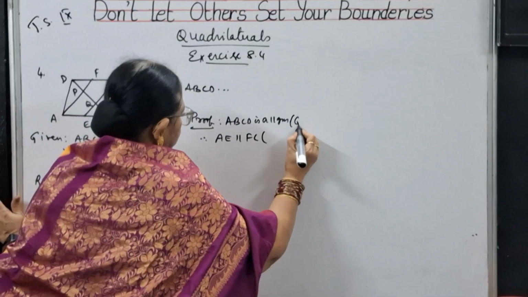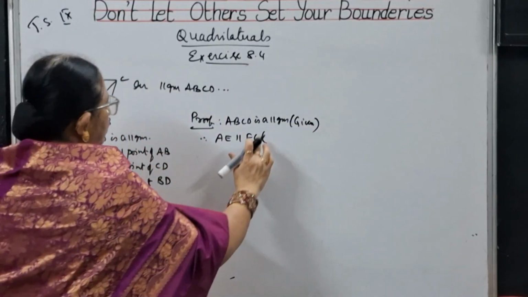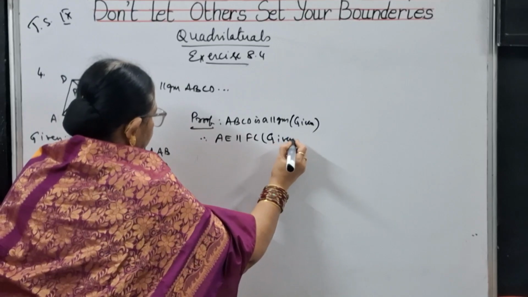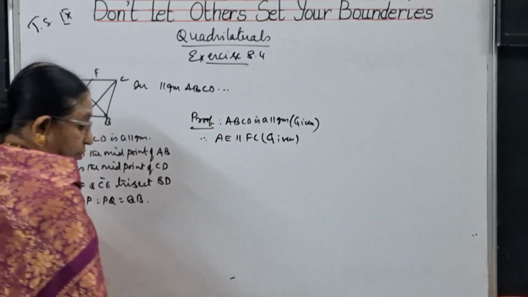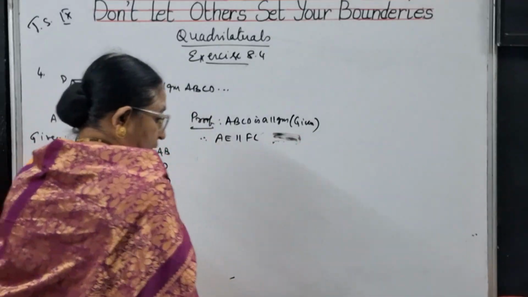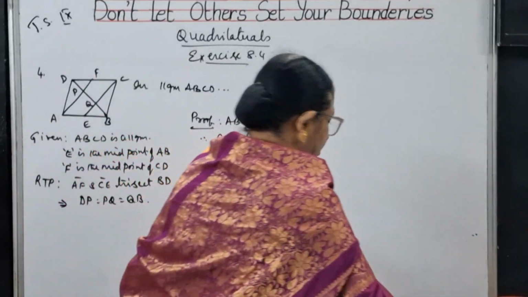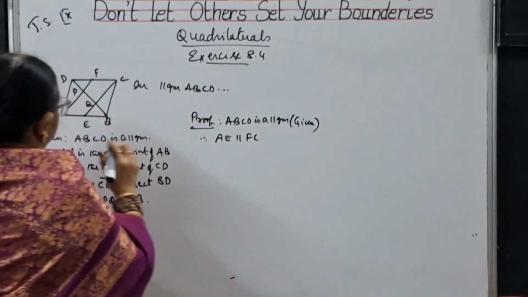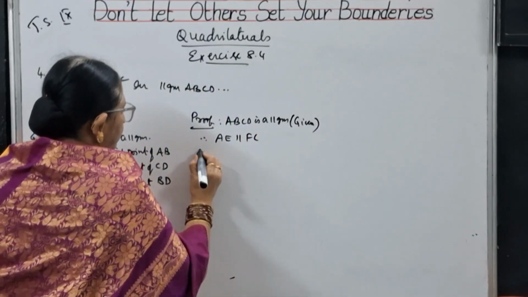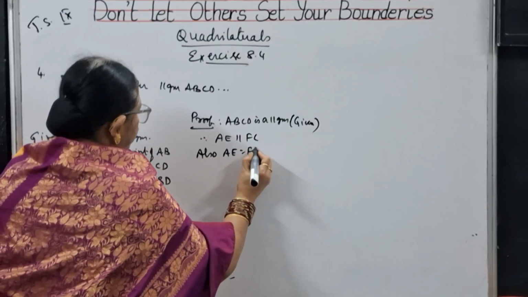Therefore, AE is parallel to FC, and also we can say AE is equal to FC.